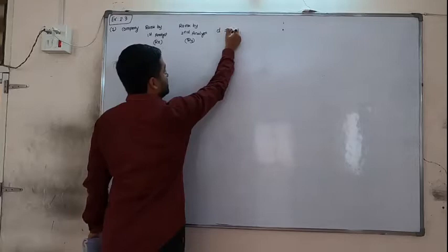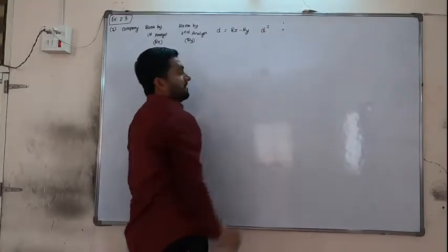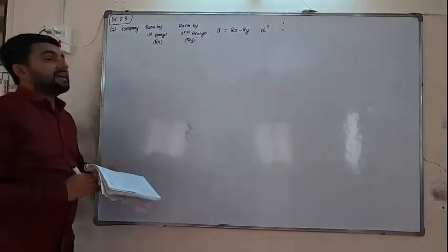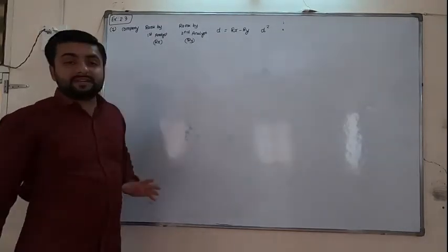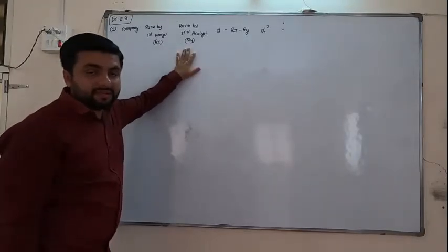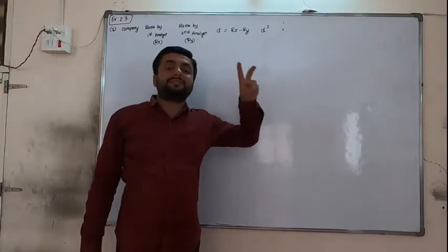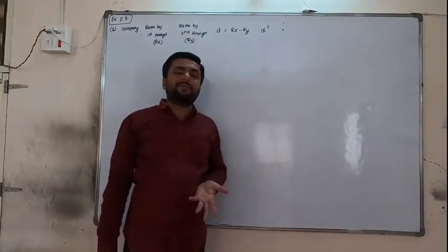Then D is equal to Rx minus Ry. These are the normal sums which are asked to you. The sums which are ignored are those where Rx and Ry are not given, simply X and Y are given. Then on that basis, the highest value will have first rank, then second rank, then third rank. These are also simple sums.